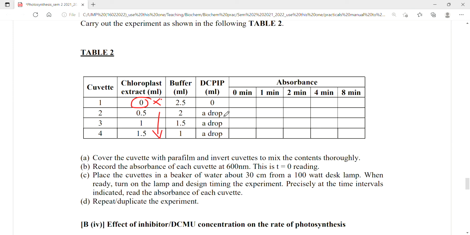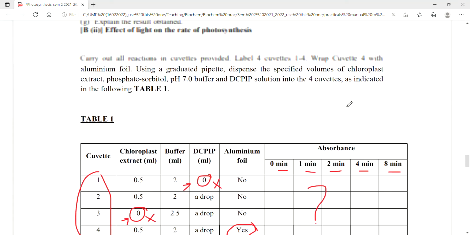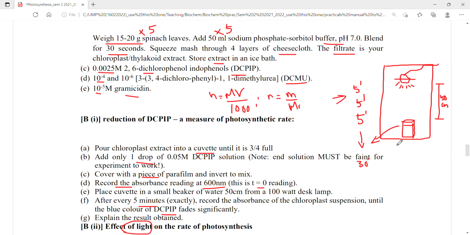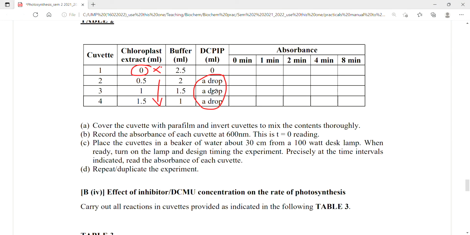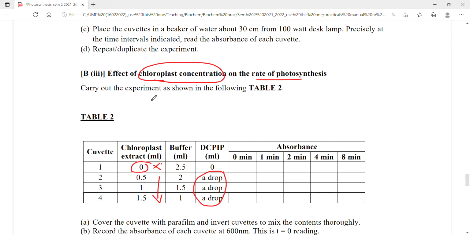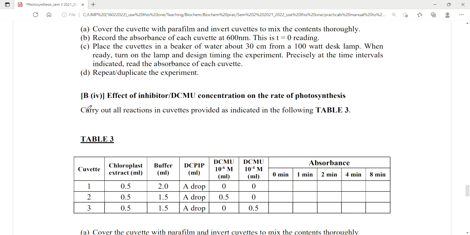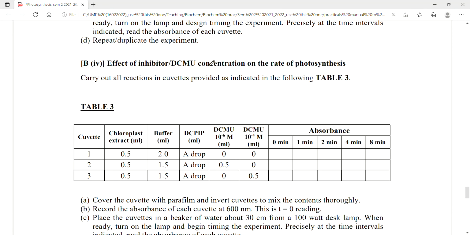Still must have DCPIP for all, and then exposure, initially no exposure until 8 minutes of exposure in this setup here using the cardboard box with the bulb. Okay, so that is on chloroplast concentration, followed by another one, DCMU concentration on the rate of photosynthesis.